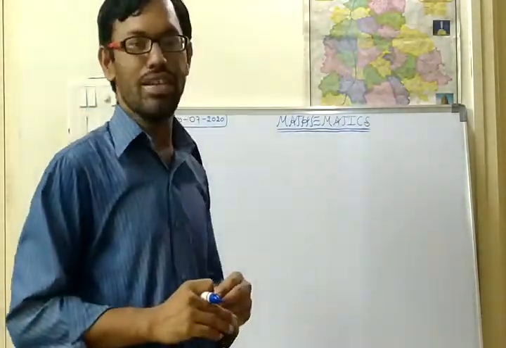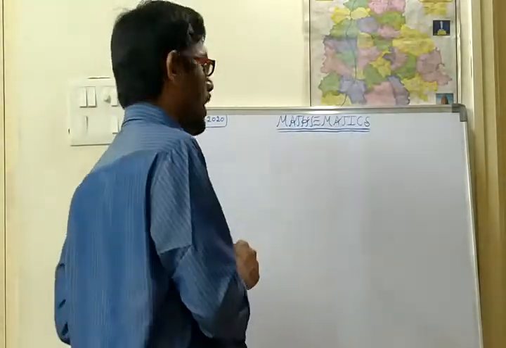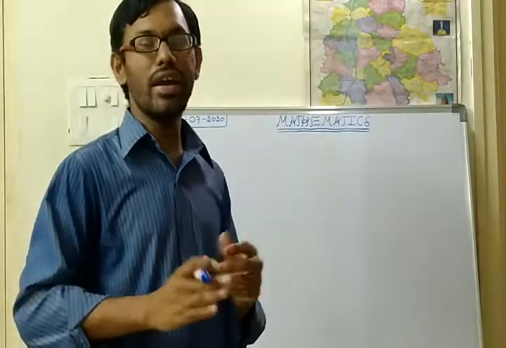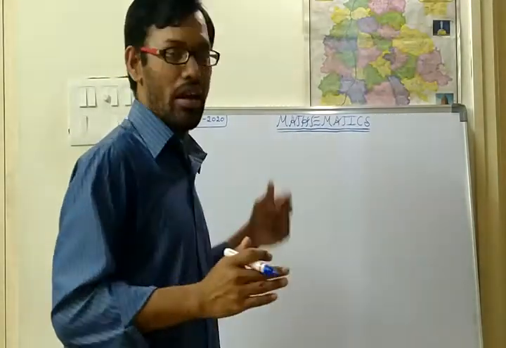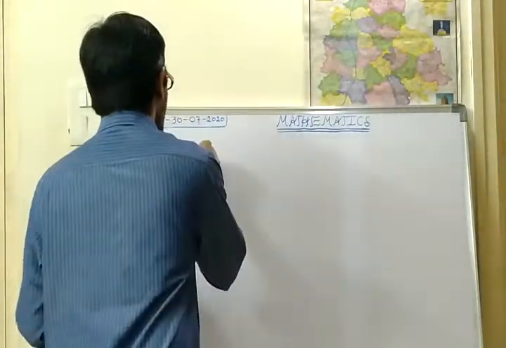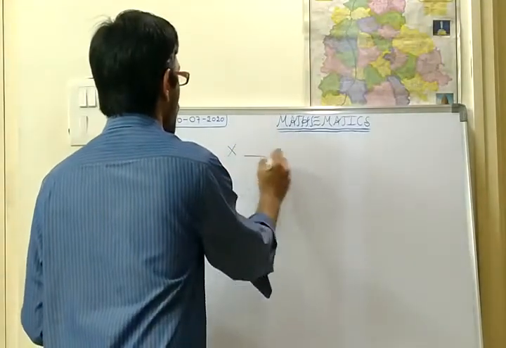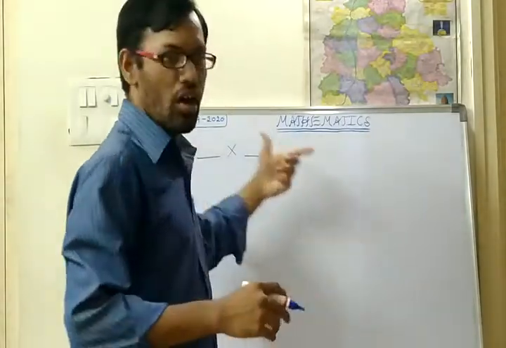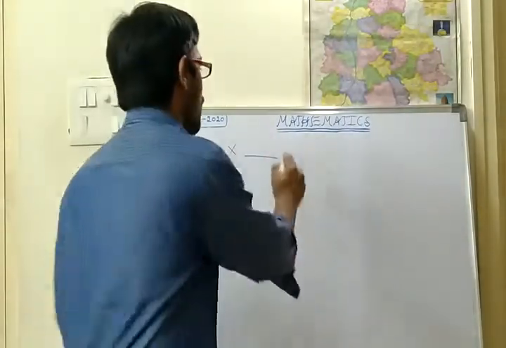So, in the previous class, we have seen the multiplication of a positive integer and a negative integer on the number line. What happens if the multiplication of two integers happens on the number line? What will be the result?